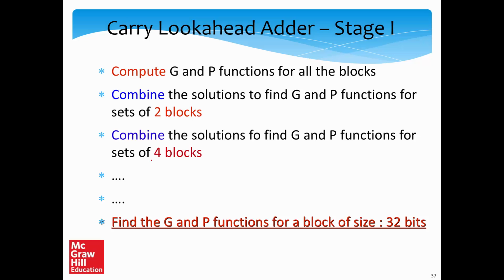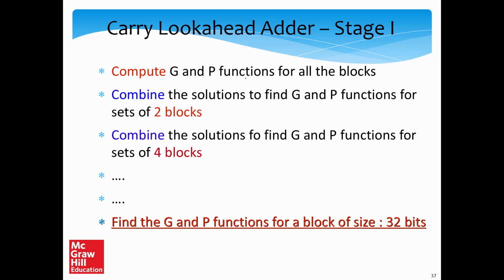We first find the solutions for GNP functions of all the single bit pairs. We combine the solutions to find GNP functions for sets of 2 blocks. Then we combine the solutions to find GNP functions for sets of 4 blocks, and so on. So basically, 2 blocks means 2 blocks of bits.